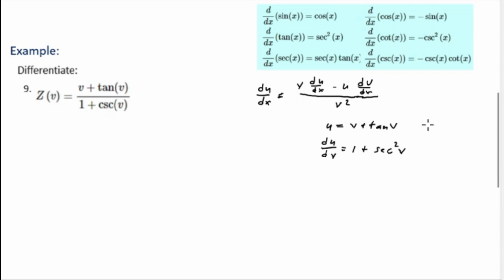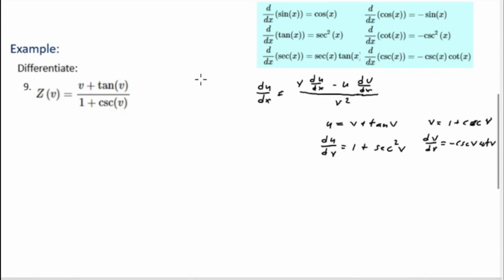Next, v, which is 1 plus cosecant v, and the derivative dv over dv is equal to the derivative of cosecant v, which is negative cosecant v cotangent v. And we substitute using the formula.